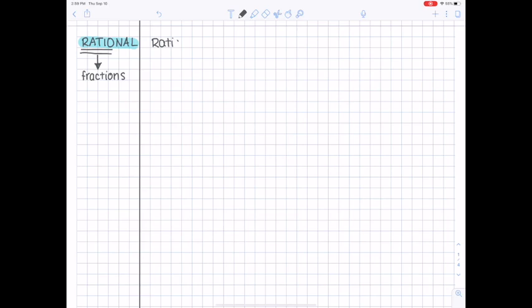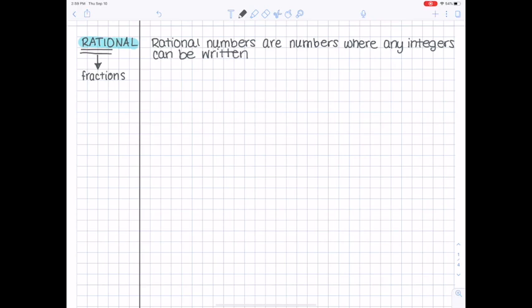Rational numbers are numbers where any integers can be written as a ratio.